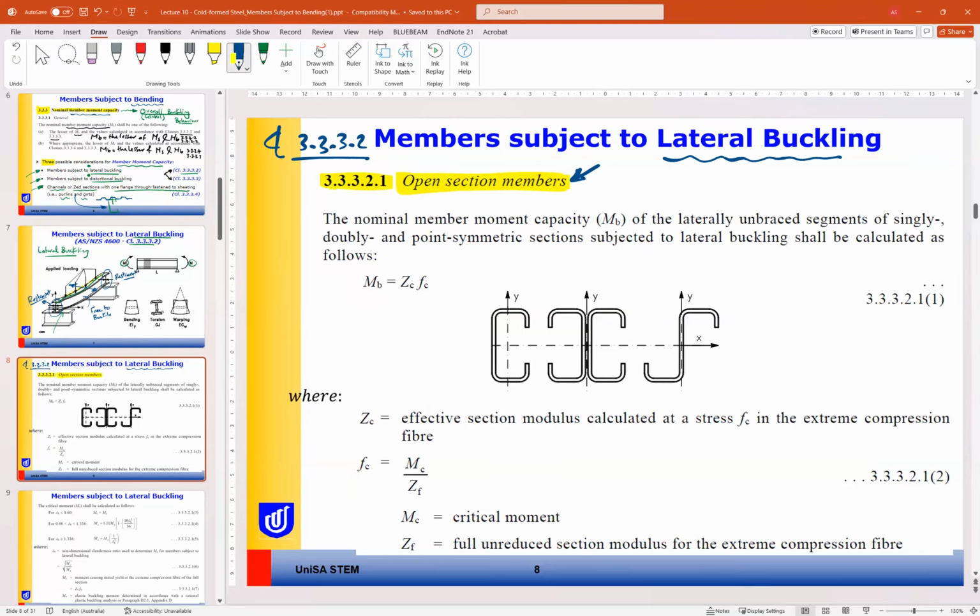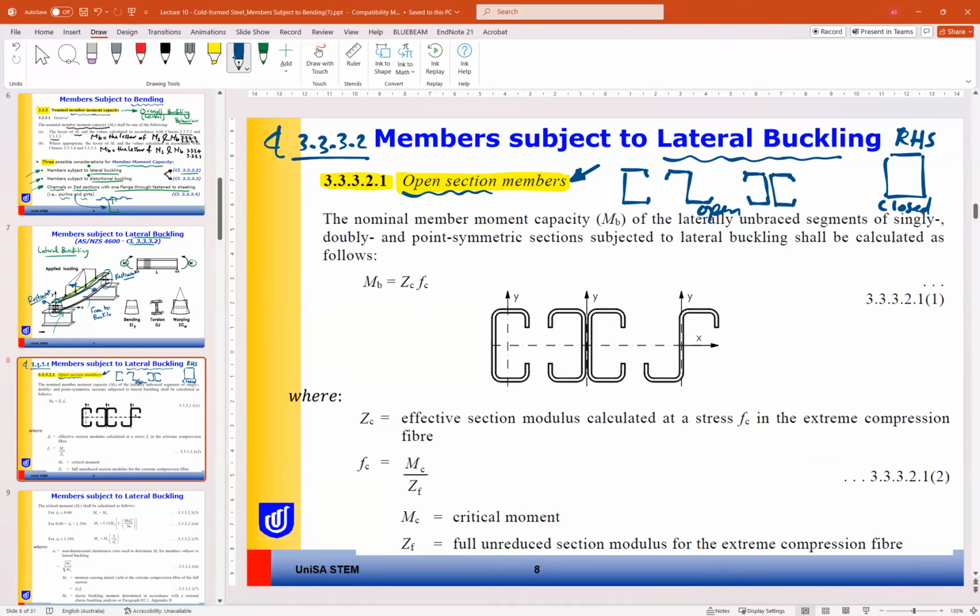Our focus in this course will only be open sections, like C section, Z section or even double C section. Any section that is open is covered by this clause. Closed or box sections, like square hollow section or rectangular hollow section, are closed sections.